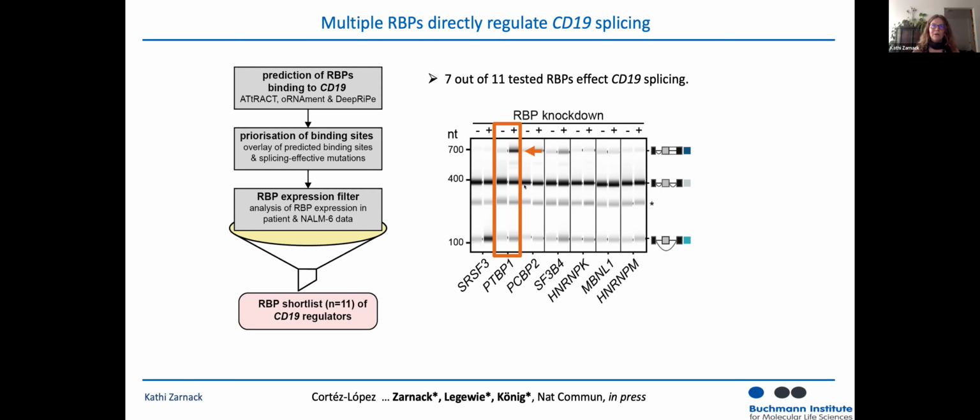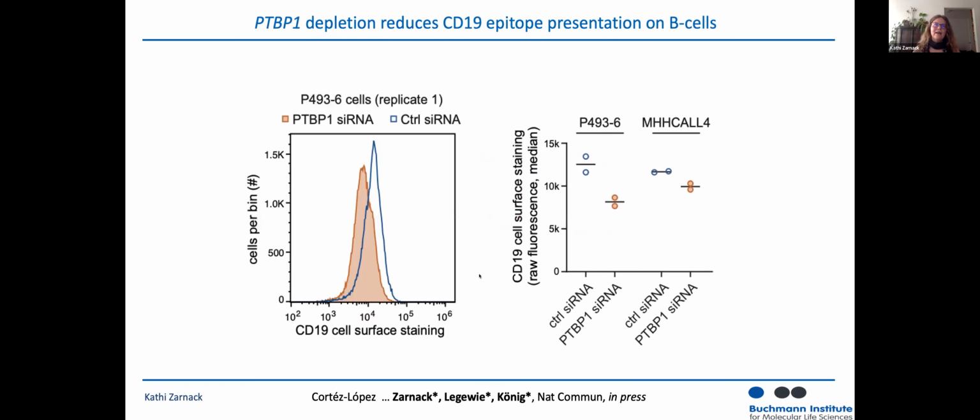And so we wanted to check whether this intron retention can indeed interfere with CAR-T19, with the surface exposure of the CD19 epitope on the B cells. And so for this, Manu in Andre's group performed a very nice experiment in which he detected CD19 on the surface of the cells and then did a FACS staining and sorting of these cells.